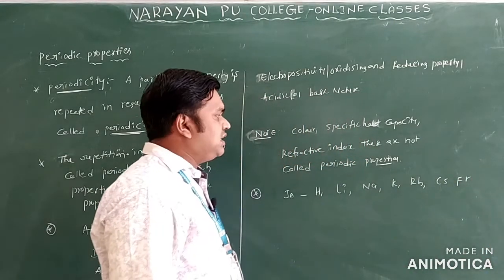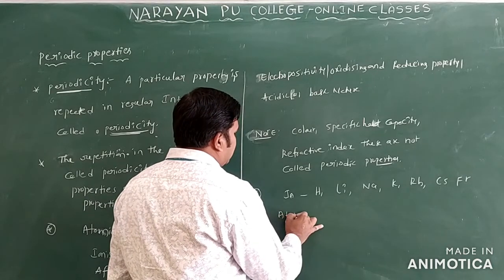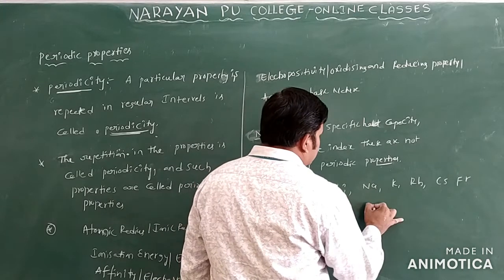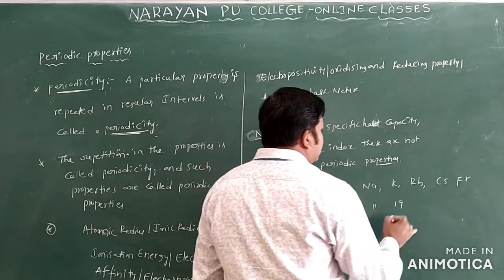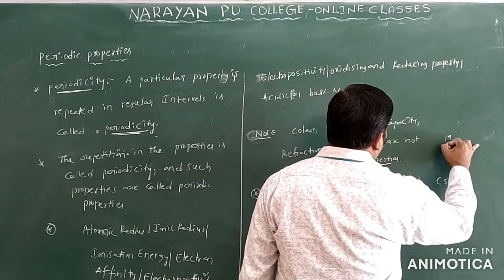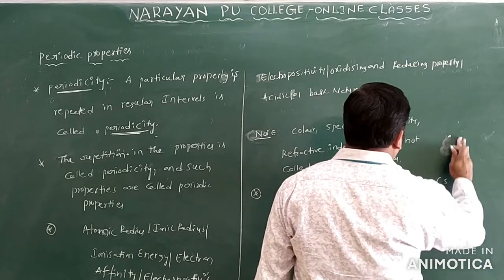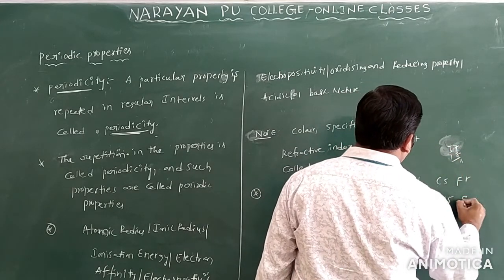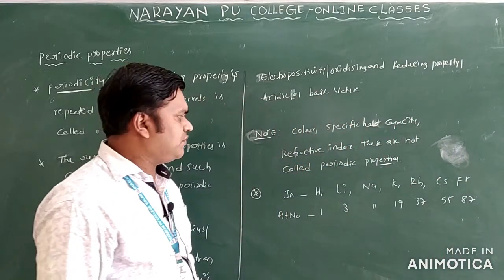The atomic numbers are hydrogen 1, lithium 3, sodium 11, potassium 19, then 37, 37 plus 18 is 55, and 87.